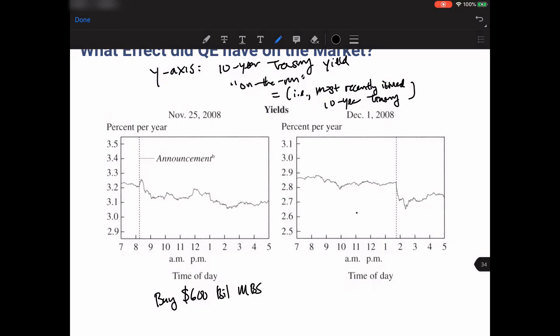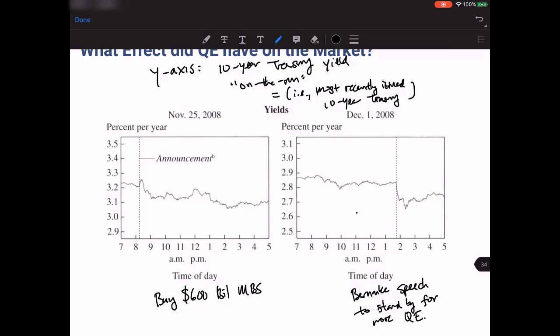And again on December 1st, Bernanke, the Federal Reserve chairman at the time, gave a speech saying the Fed would stand by for more quantitative easing.